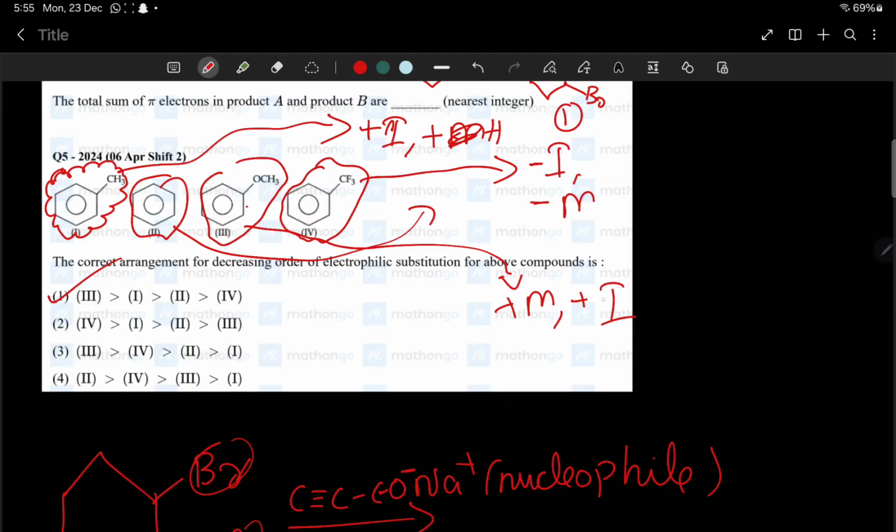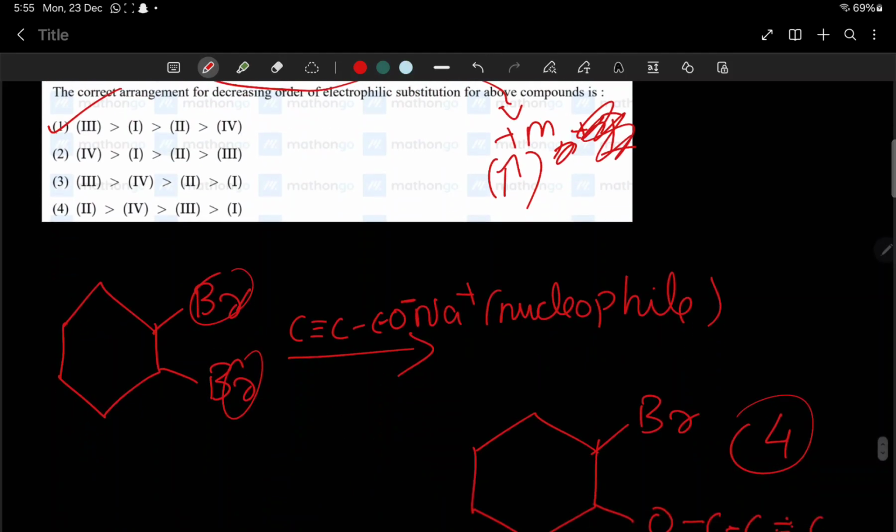Here we are having plus M effect. Very important. Plus M effect means more electrophilicity. Now this fourth one, I told, is having minus I effect. That's the reason. So option 1 is the answer.